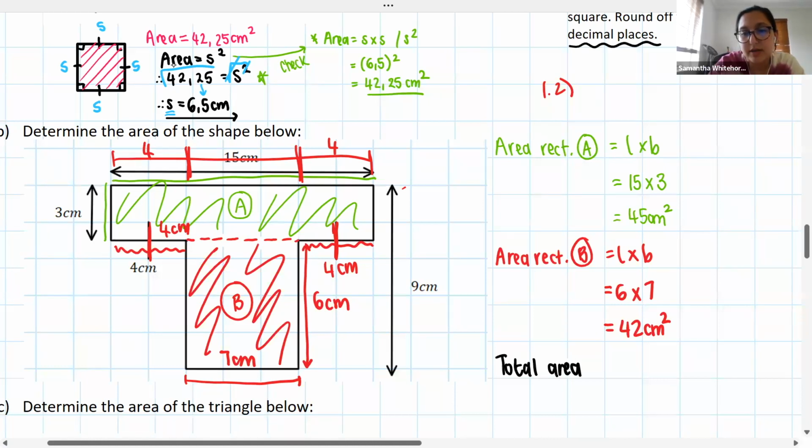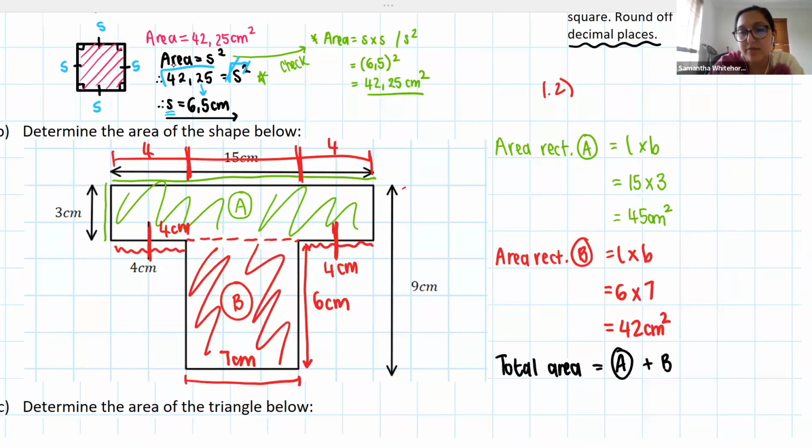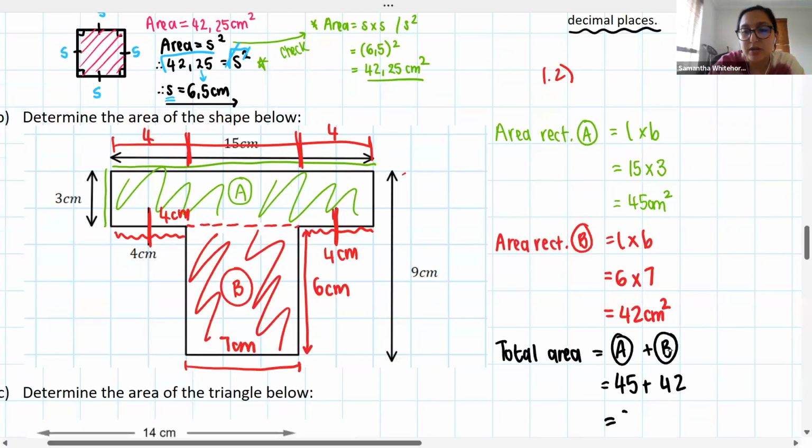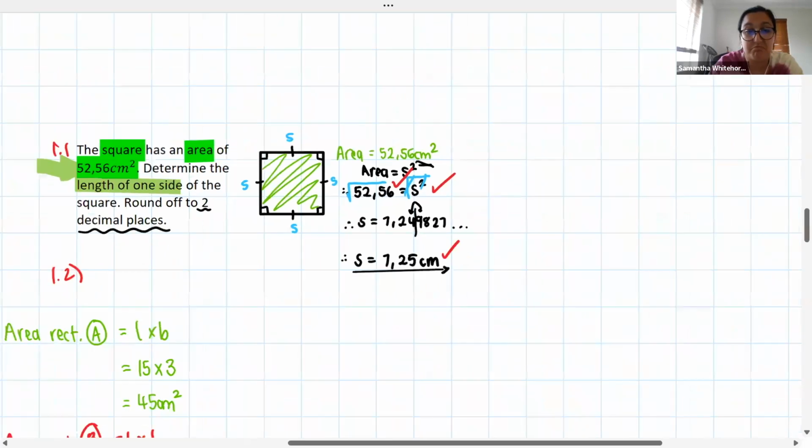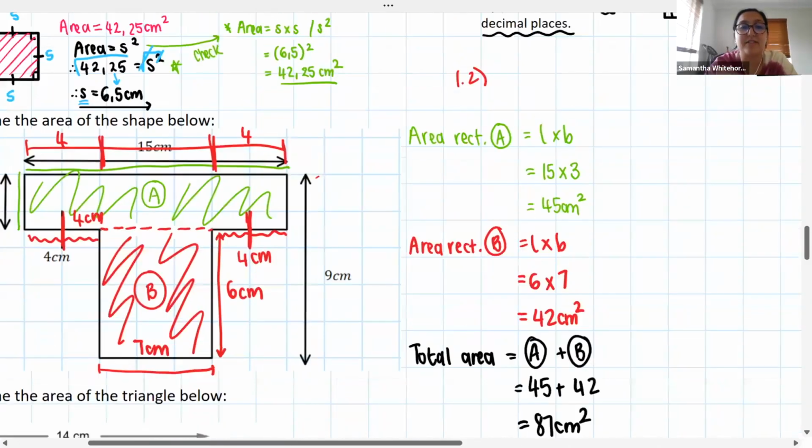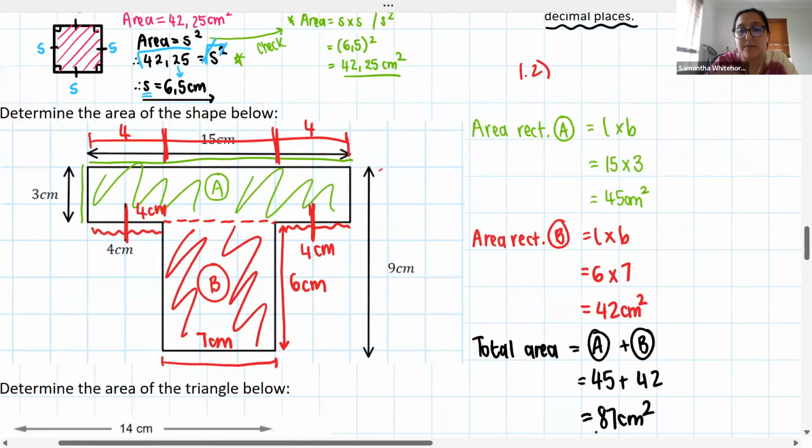Once I have all of that, it's easy to work out my total area. My total area is the area of rectangle A plus the area of rectangle B. Because we have both of those answers, that's easy: 45 plus 42, giving us a total area of 87 centimeters squared.